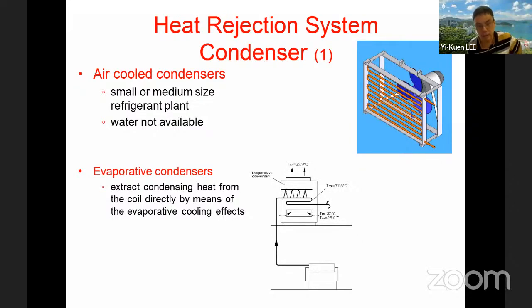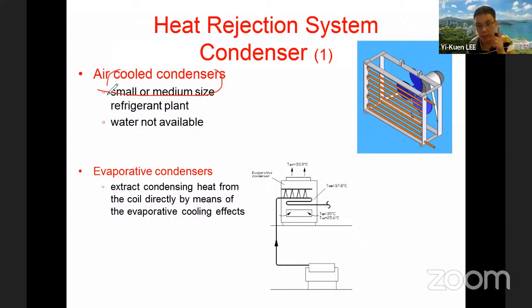So this is the thing, and then of course I mentioned there are different kinds of condenser. One is the air cooled condenser, and then you can use a small frame. And air cooled, what does it mean?